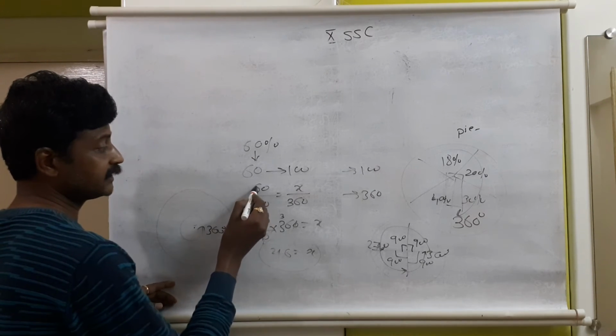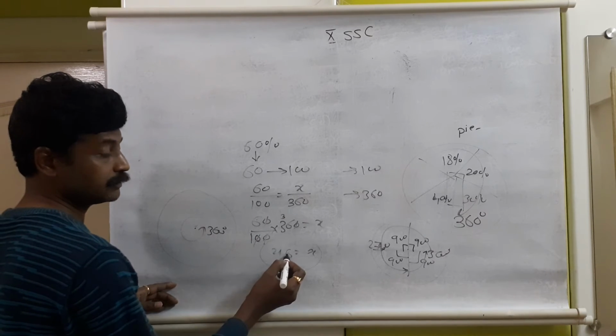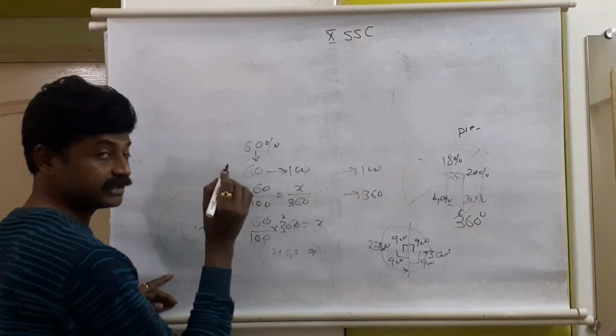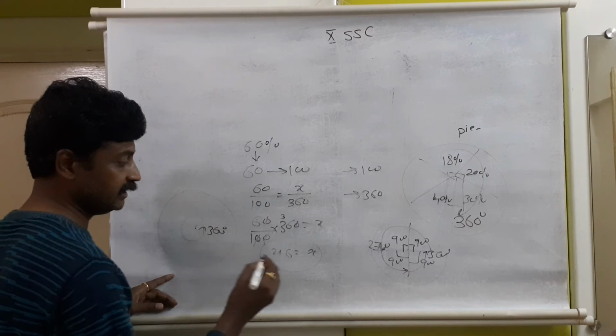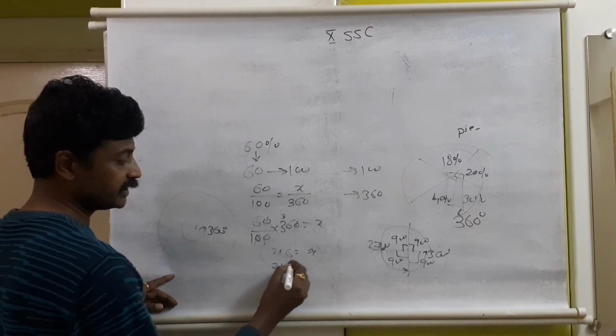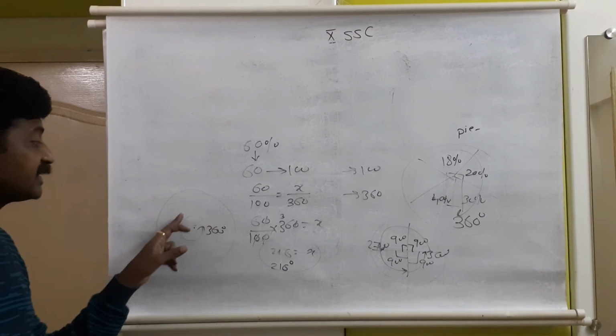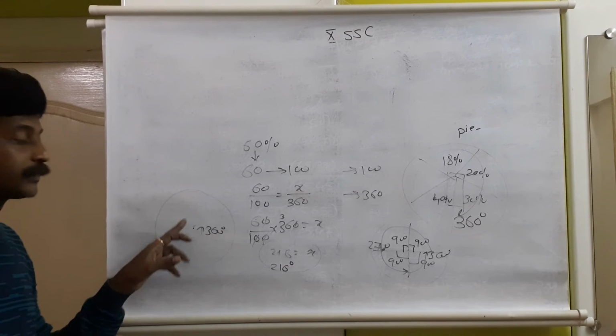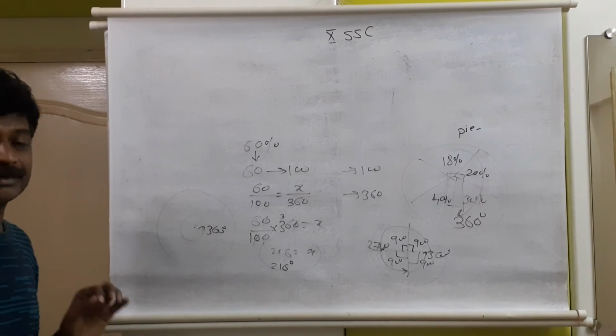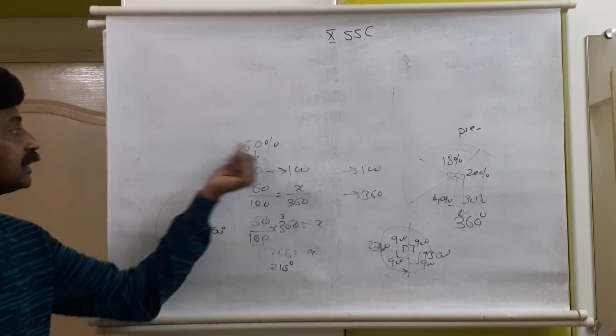Out of 100, if 60, then out of 360 the value comes 216. 360 is the angular measurement, unit is degree, so this will also have unit as degree. So 216 degrees should be shown, then it can be equivalent to 60%.